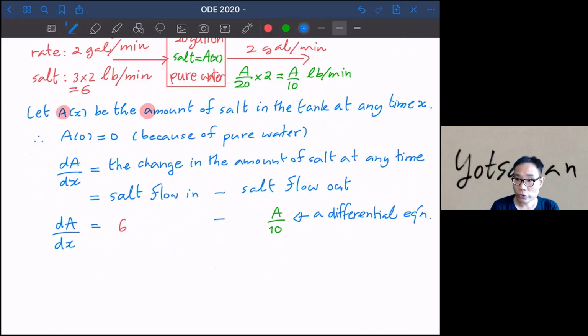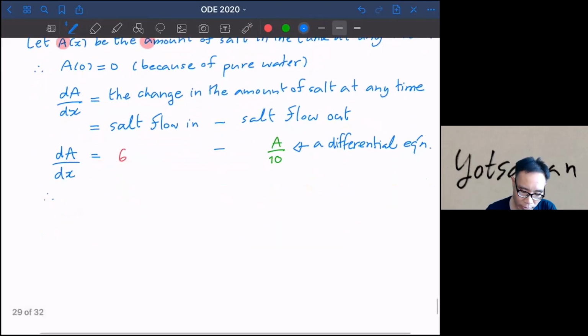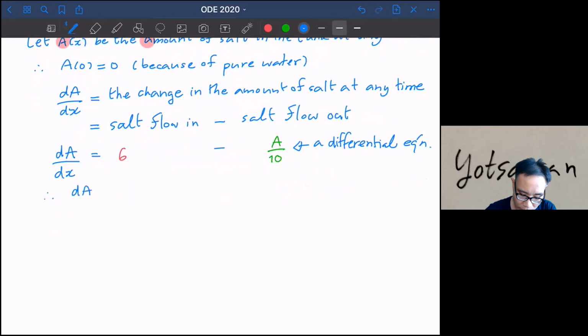The way to solve this differential equation is to gather the terms. So you have dA/dx plus (1/10)A equal to 6, and you have A(0) equal to 0.